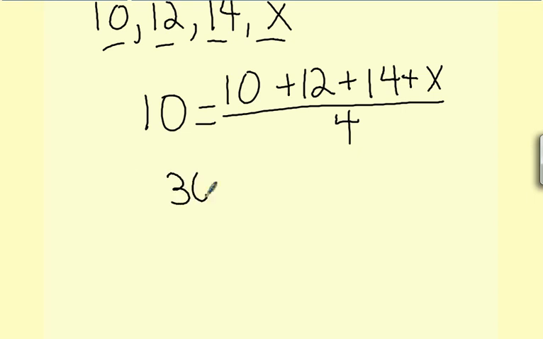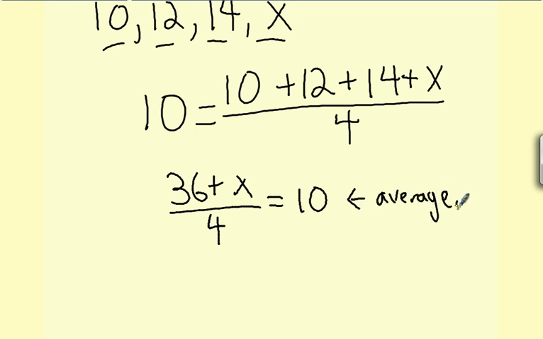So that's 36 plus x over 4 has to equal the number 10, because all the numbers added together plus this last number divided by the number 4 is going to equal 10. So that 10 is going to have to be my average.